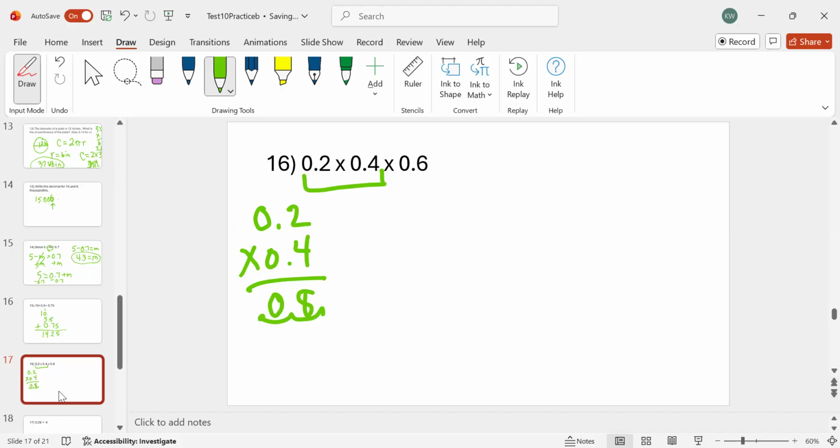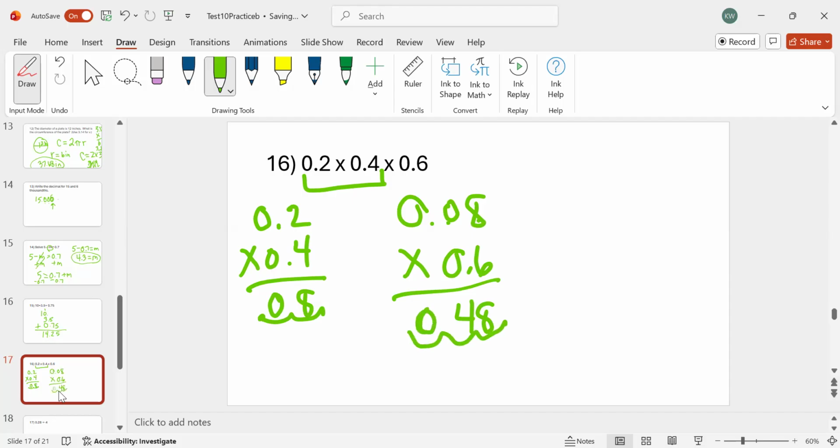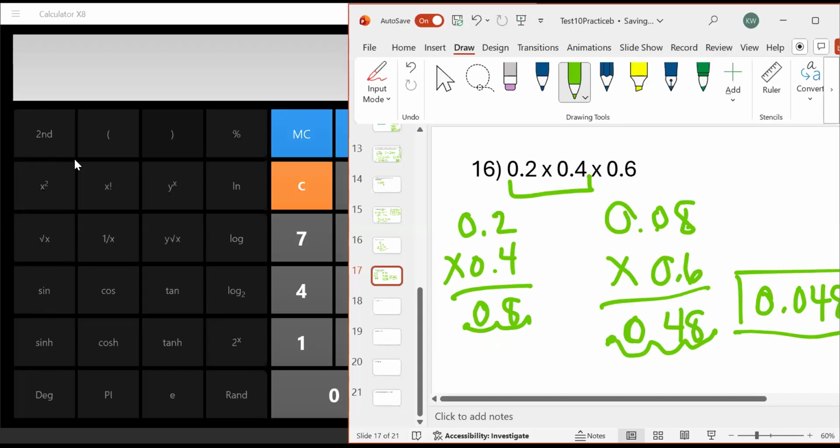So that's 0.08. So now we have 0.08, and we have to multiply it by 0.6. So 6 times 8 is 48. And we have 1, 2, 3 decimal places. So that means there's a 0 right there and a decimal place here. So it's 0.048 for the answer.